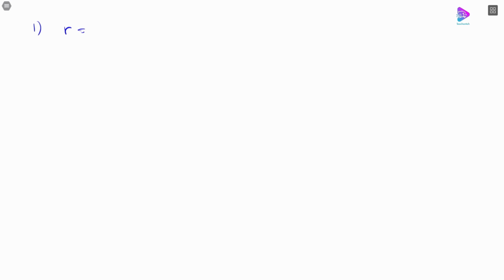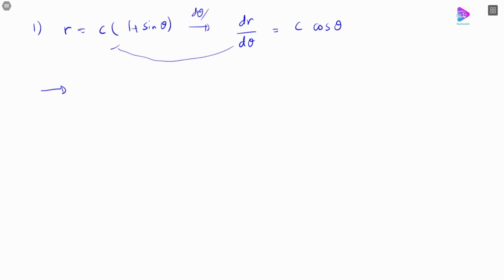r is equal to c times 1 plus sine theta, correct? So we can take the derivative based on theta. So we would get dr over d theta equal to c cosine theta, and then from here we're going to divide this by the main equation.